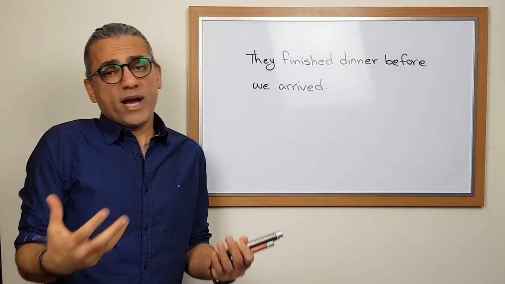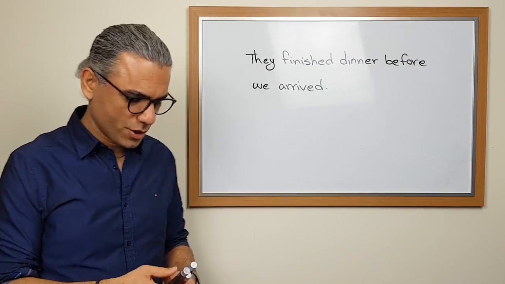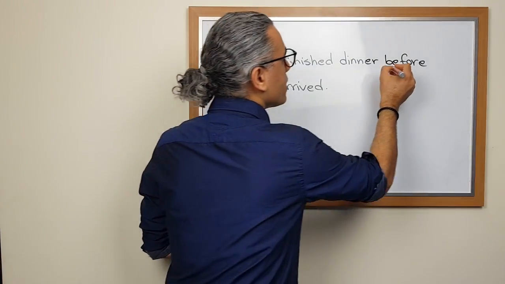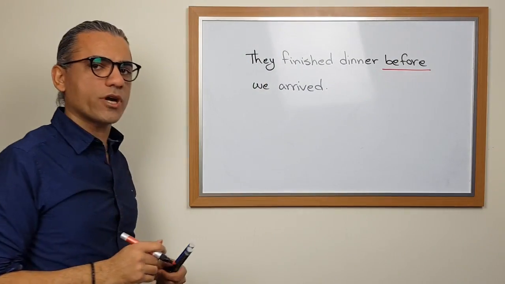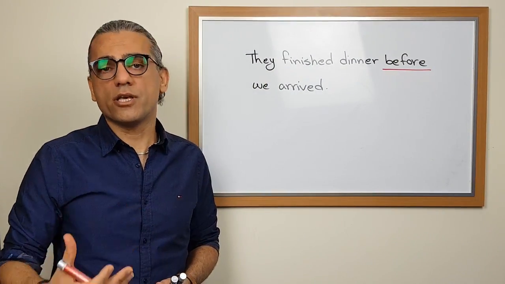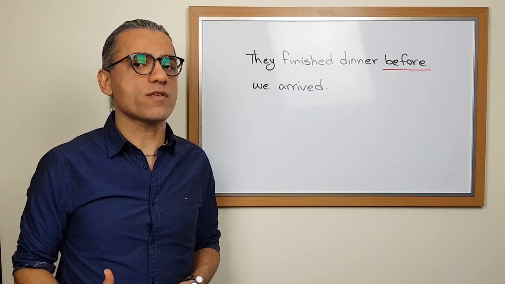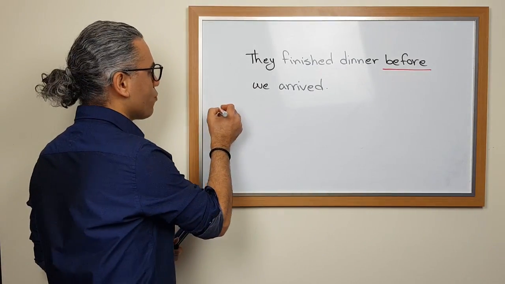So of course, you have the option of using past perfect in this sentence, but you don't have to, because as you can see, before in here is making the sequence of the actions clear. So we don't need to use past perfect to clarify the sequence of the actions. So point.